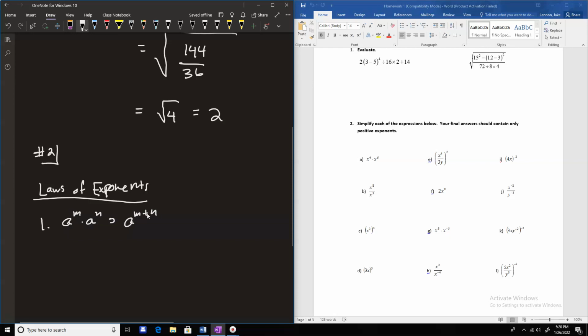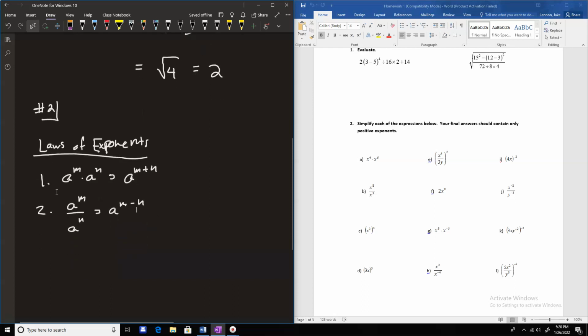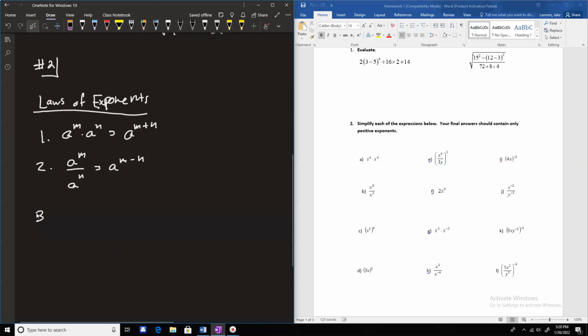So this is m plus n. a to the m over a to the n is a to the m minus n. If you have a to the m in parentheses, then raised to the n, this is where you would actually multiply them. So it'll become a to the m times n.